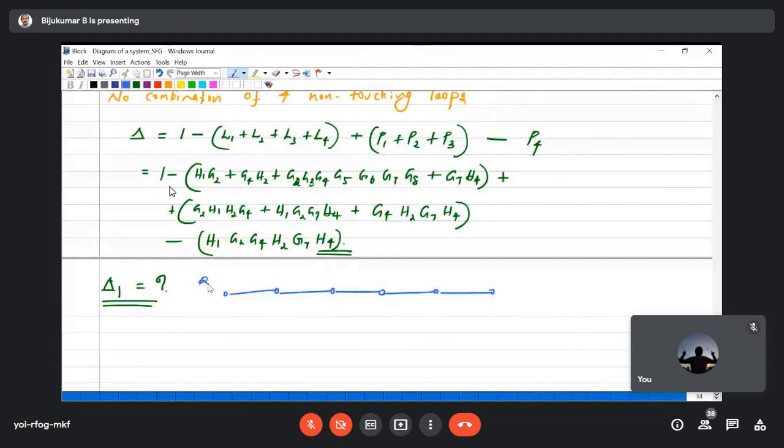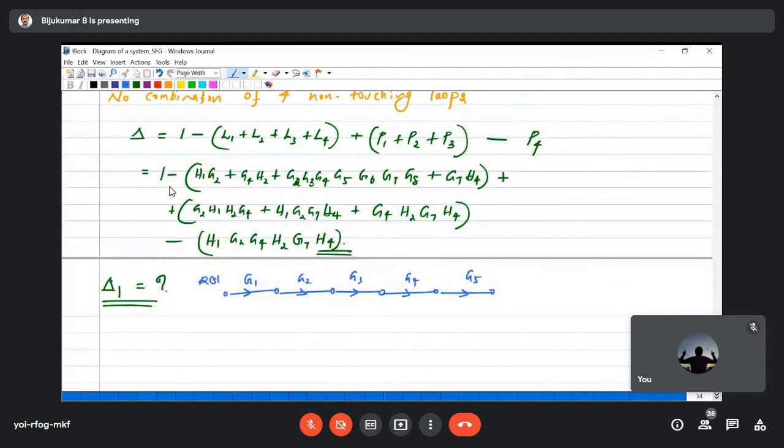G1, G2, G4, G5. Is there any loop which is not touching the forward path? Is there, right?